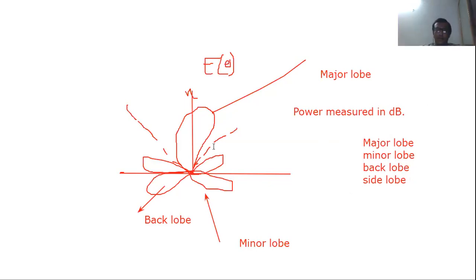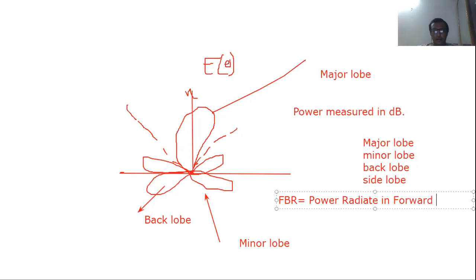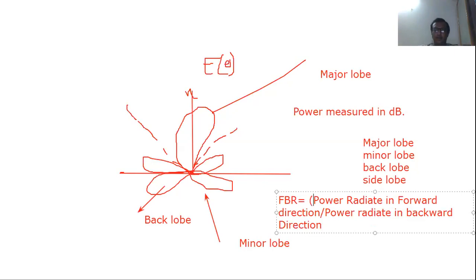Now see, this is the front direction of power, and this is the back direction of power. Obviously, the back direction of power is comparatively low compared to the front direction. So what is the meaning of FBR, front to back ratio? It equals power radiated in the forward direction divided by power radiated in the backward direction.